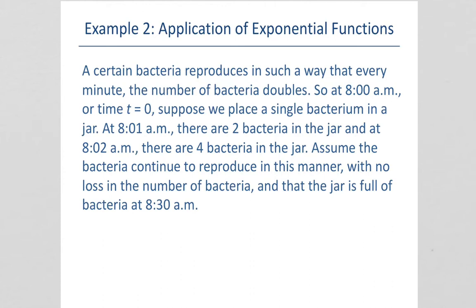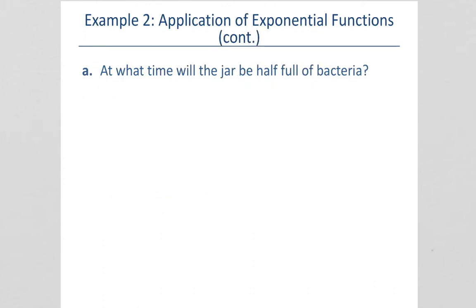At 8:03, there's 8. Same process as the previous example. Assume the bacteria continue to reproduce in this manner, with no loss in the number of bacteria. None of them die. And the jar is full of bacteria at 8:30. At what time will the jar be half full?